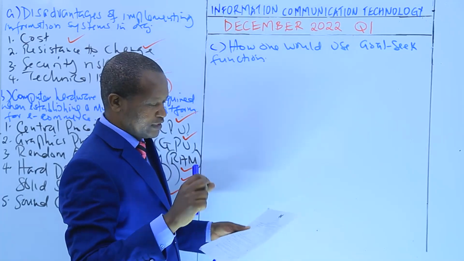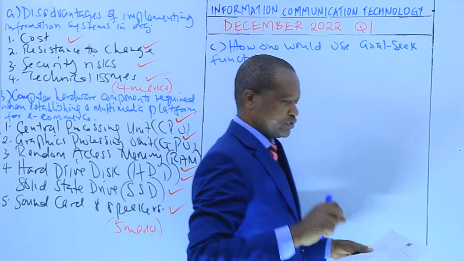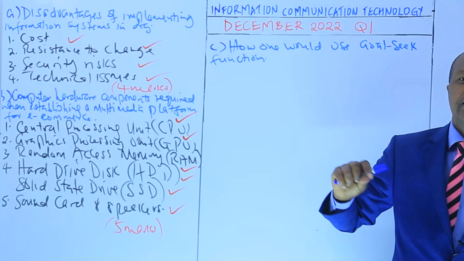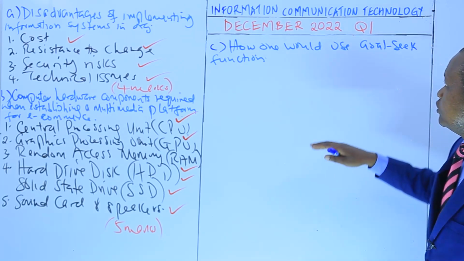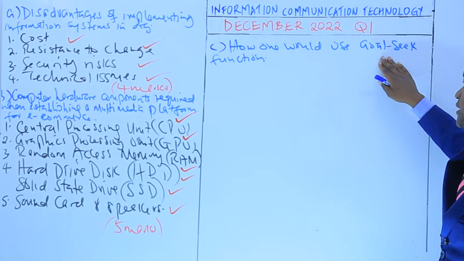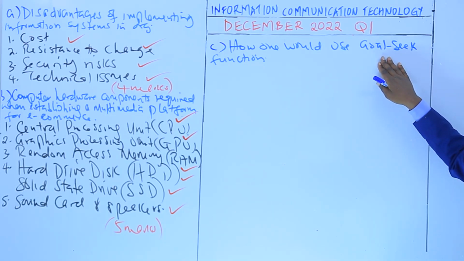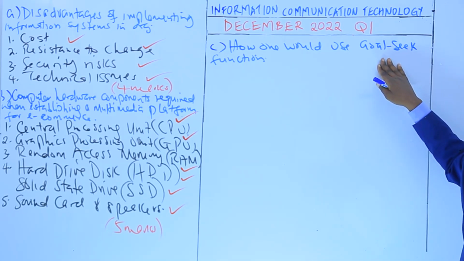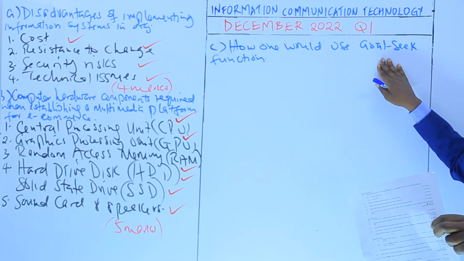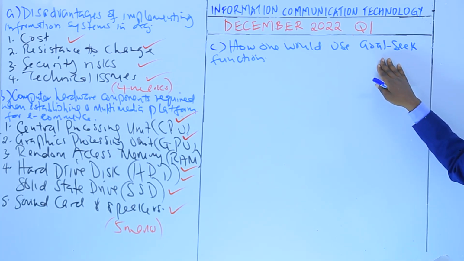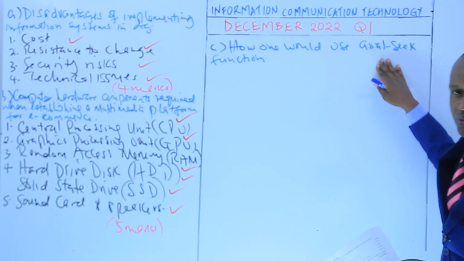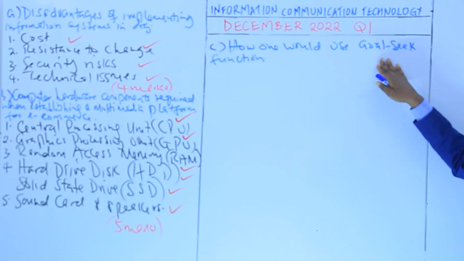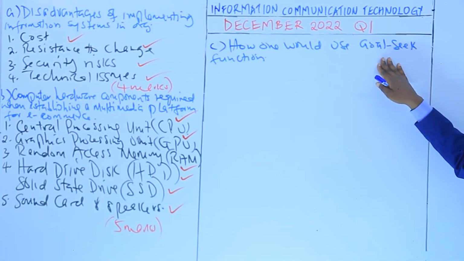Now, first of all, what is this goal-seek function? A goal-seek function is a tool that is available in spreadsheet software such as Microsoft Excel that allows users to find the input value needed to achieve a desired result.